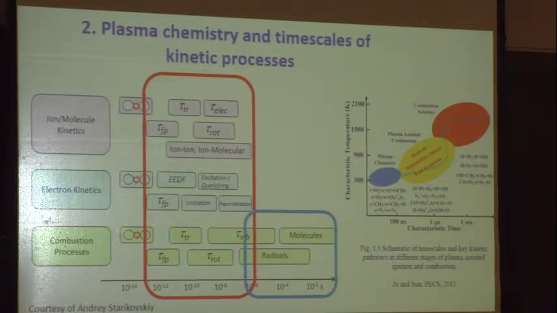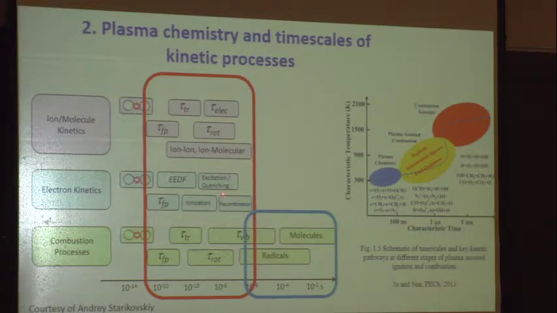This electron ionization process takes about a picosecond or femtosecond. It's a very, very short process, 10 to the minus 12. The electron is accelerated in plasma and generates an electron energy distribution function, the EEDF. The electron gains energy and further ionizes other molecules, and that takes probably around a nanosecond.